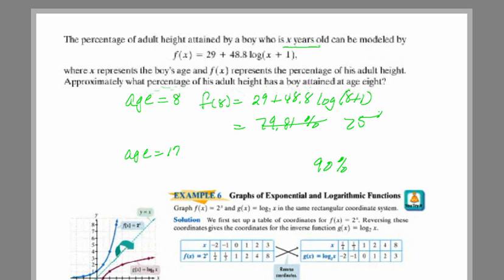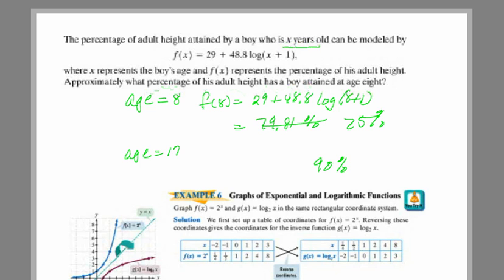Sorry, I plugged in an x. Forgot to put in the 8. So an 8-year-old boy is at 75% of his adult height. At age 17, a boy is at 90% of his adult height. And it makes sense. As you get older, you're getting closer and closer to your adult height.